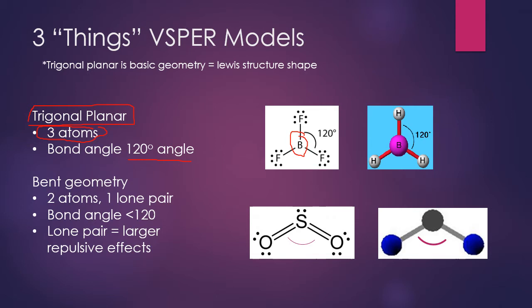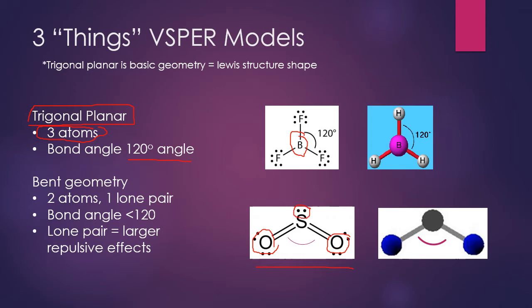Okay, now imagine taking that shape and removing one of the fluorines. So if I removed an atom and replaced it with a lone pair, what we're going to get is a bent geometry as shown in this sulfur dioxide example. So here we have sulfur. It has 3 total things around it, oxygen atom being one thing, the other oxygen atom being another thing, and the third thing is a lone pair on the sulfur itself.